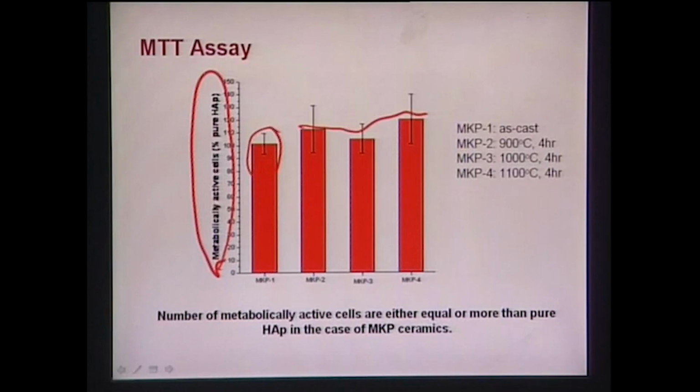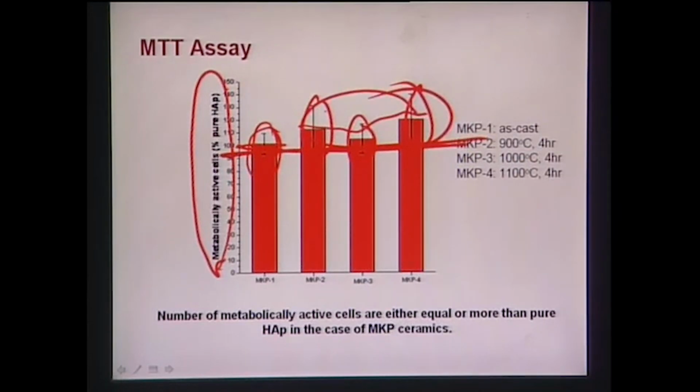You see their error bars overlap with each other. If the error bars overlap, that shows they have a statistically similar level of MTT values. There is no statistically significant difference among all these materials. Since percentage pure HAP is plotted along the y axis, it is comparable with pure hydroxyapatite, or in some materials the MTT values are a little higher than those of pure hydroxyapatite.